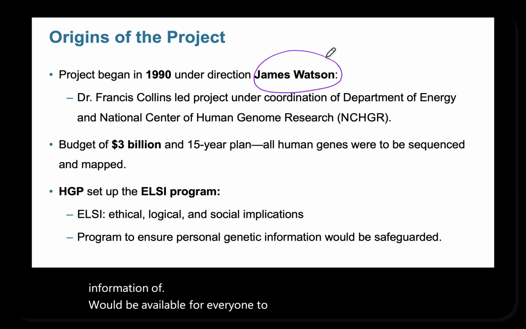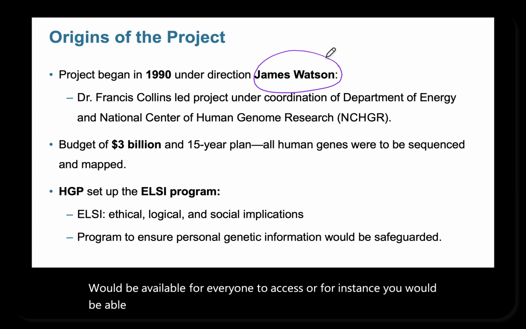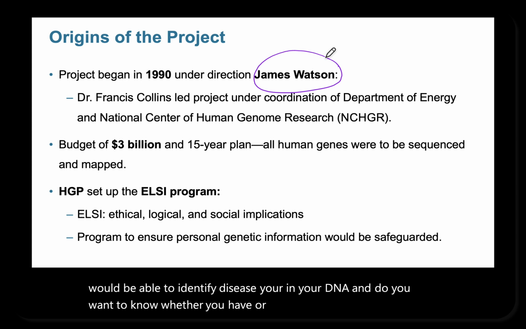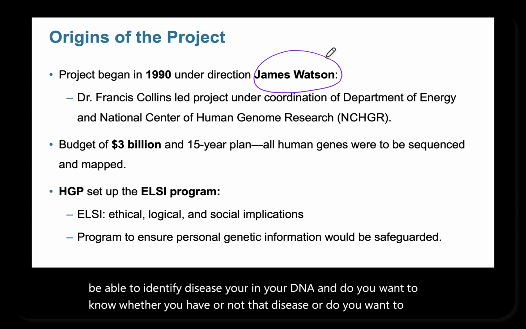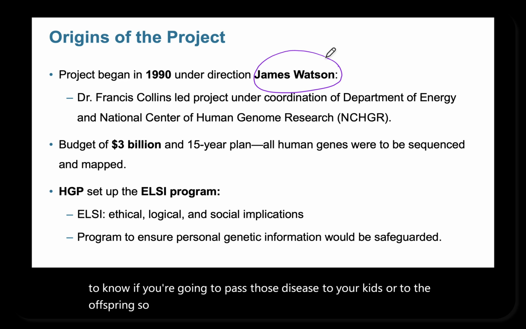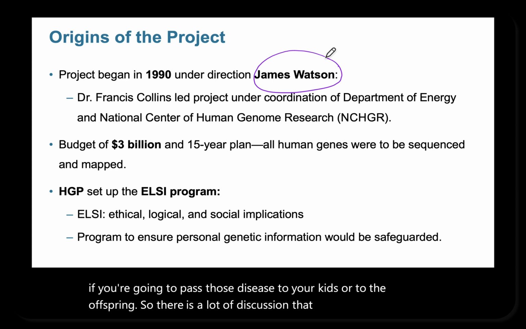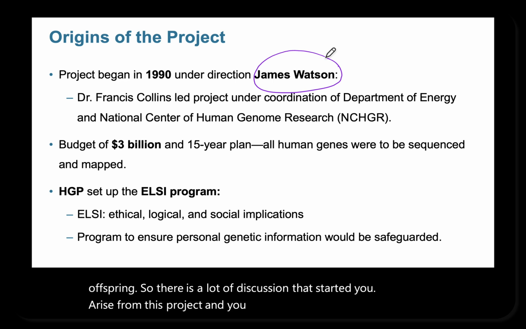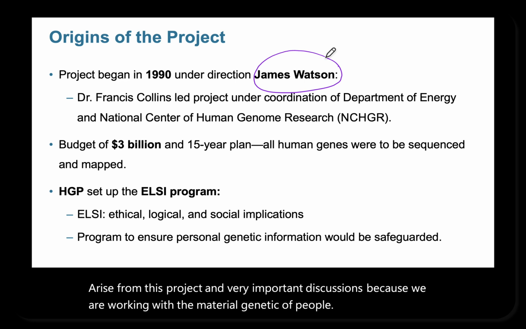Or for instance, you would be able to identify disease in your DNA, and do you want to know whether you have or not that disease, or do you want to know if you're gonna pass those disease to your kids or to the offspring? So there is a lot of discussion that started to arise from this project, and very important discussions, because we are working with the genetic material of people, right?